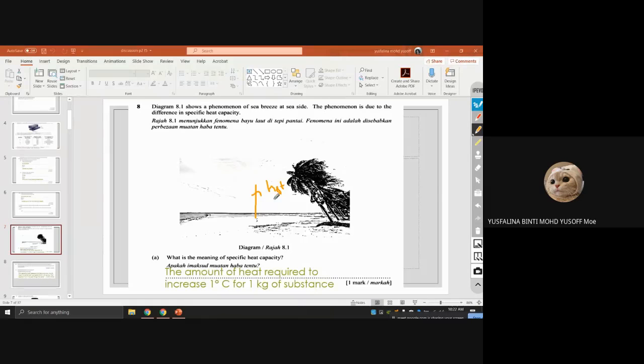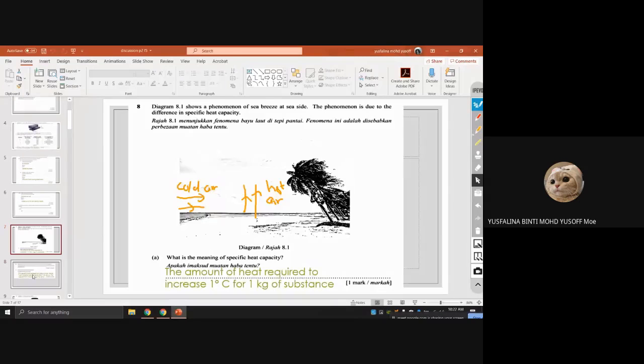Then the cool air from the sea will go to the land. So I'm asking you to mark the direction. So this is the direction. This is the answer for question number 8A and also B.